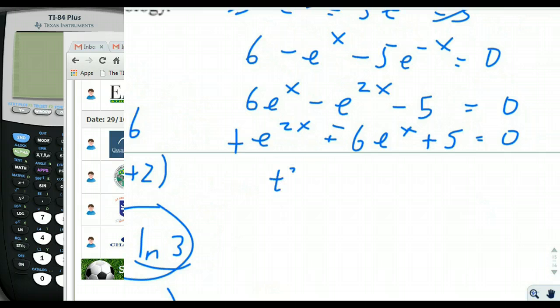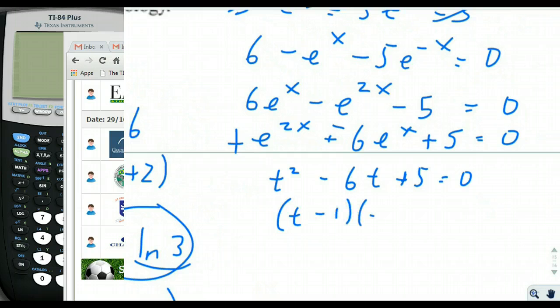Using the Jinsdale method, we substitute in e to the x for t. And then we get t minus 1 and t minus 5. So the solutions are t equals 1, t equals 5.